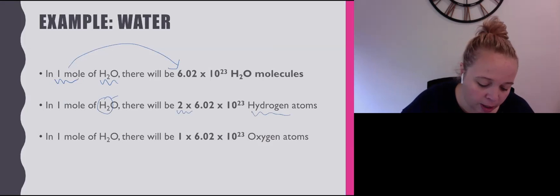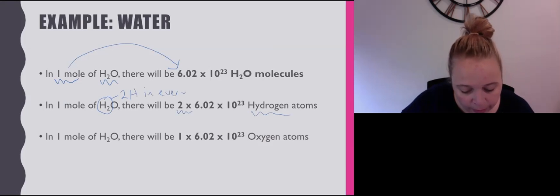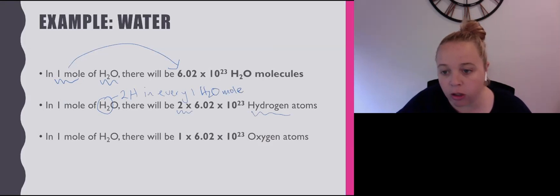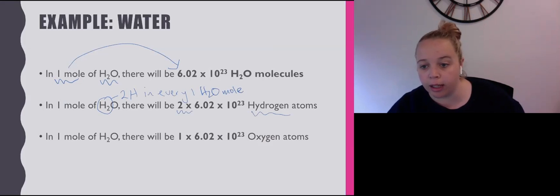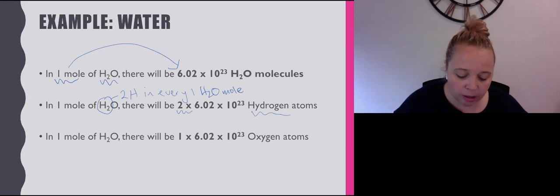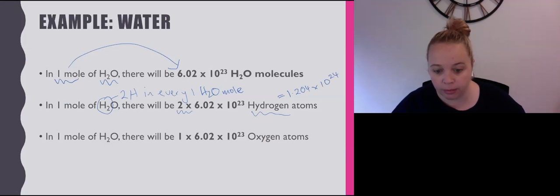And that's because over here, we've got 2 hydrogens in every 1 water molecule. So we can use the mole calculations to times that out. So we get 2 times 6.02 times 10 to the 23, which if we evaluate that, we should end up with 1.204 times 10 to the power of 24 atoms.